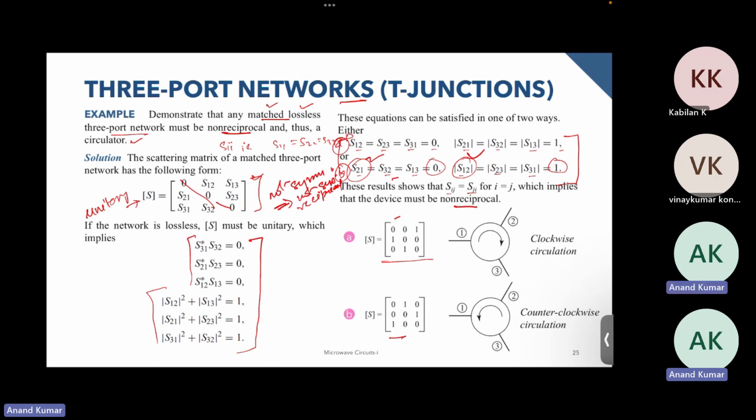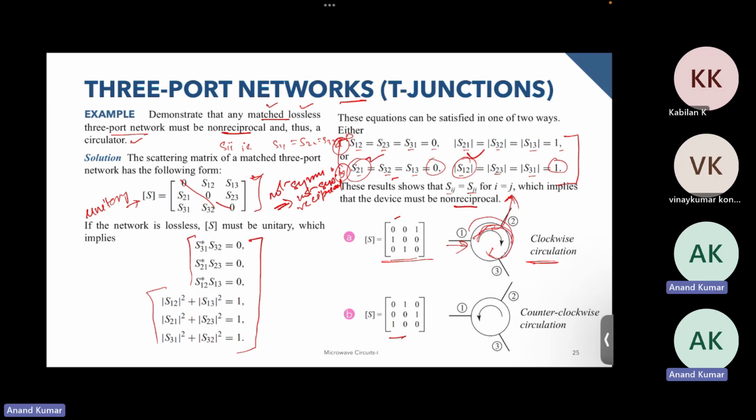If you look closely, for this particular S matrix the circulator looks something like this, and what we have is clockwise circulation. That is, if you send some power at port 1, it will traverse in this direction, and it can be taken from port 2 or from port 3.